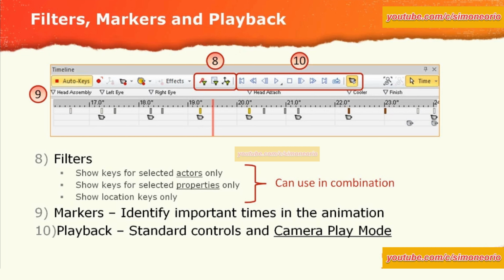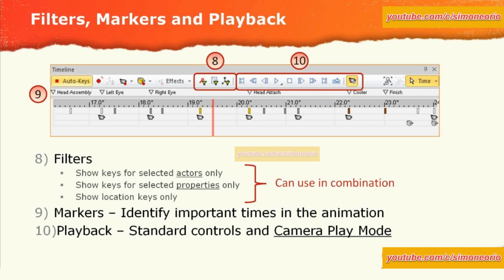You could use these in conjunction. You select a bunch of actors because you only want to see the keys related to those actors, and then you only want to see the location keys. That's going to be helpful to determine what exactly you are changing or what's being controlled inside of those keys. They're layered on top of each other.